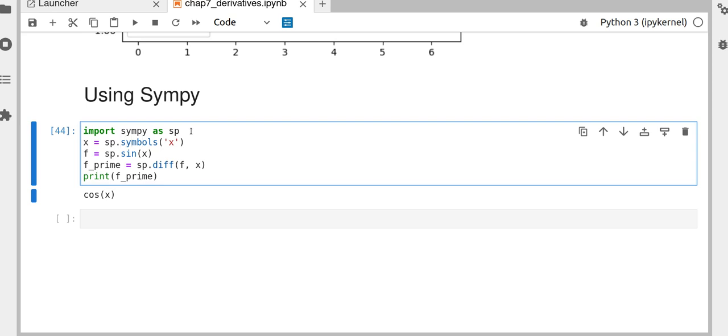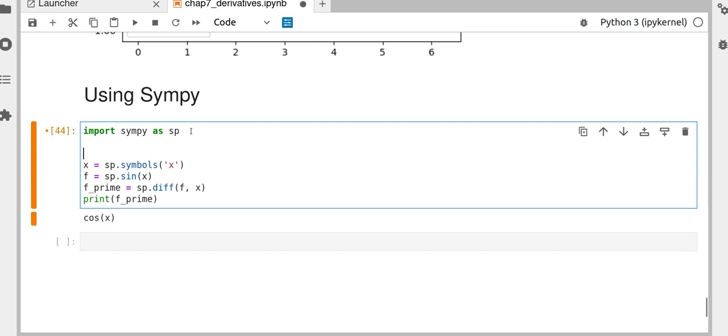So let me use from sp import symbols, then also import sin and import diff, so that I use them directly. So x equals symbols x, that is, we have symbolized x.